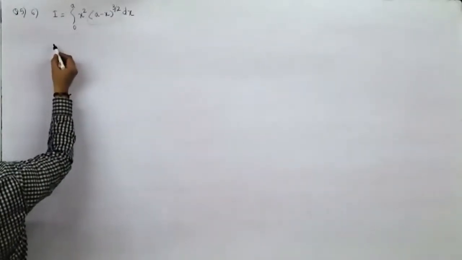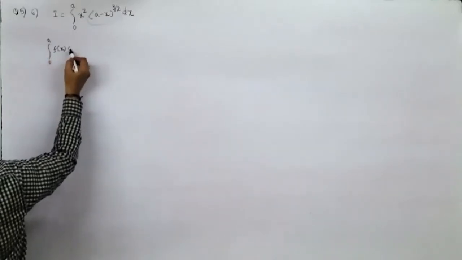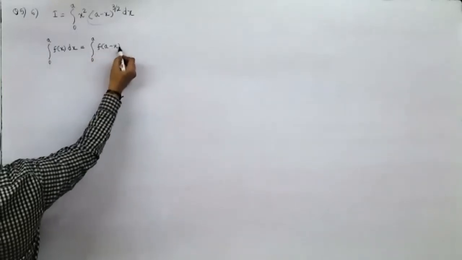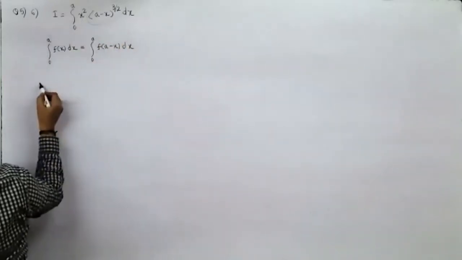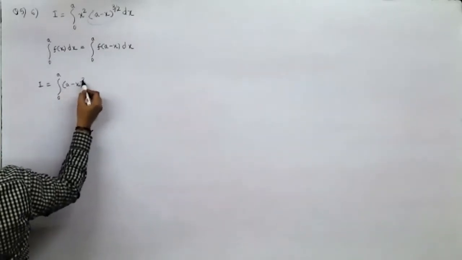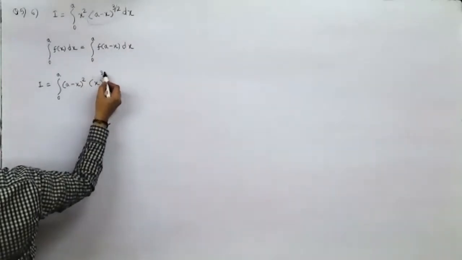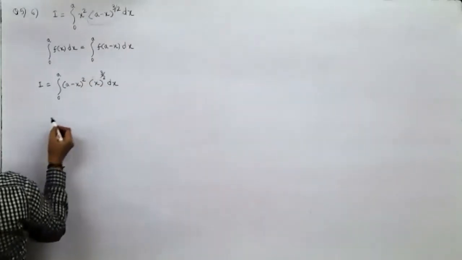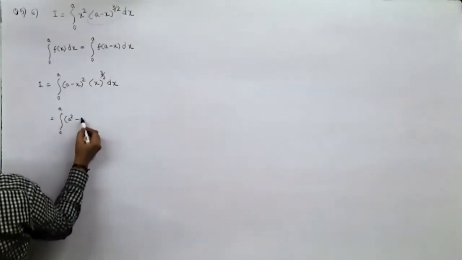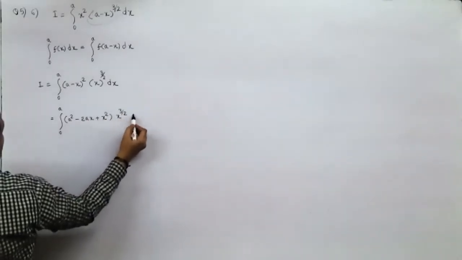So here, when you apply the property, integral 0 to a f of x dx is integral 0 to a f of a minus x dx. So x can be replaced with a minus x and a minus x can be replaced with x. Now this would be (a square minus 2ax plus x square) into x raised to 3 by 2.